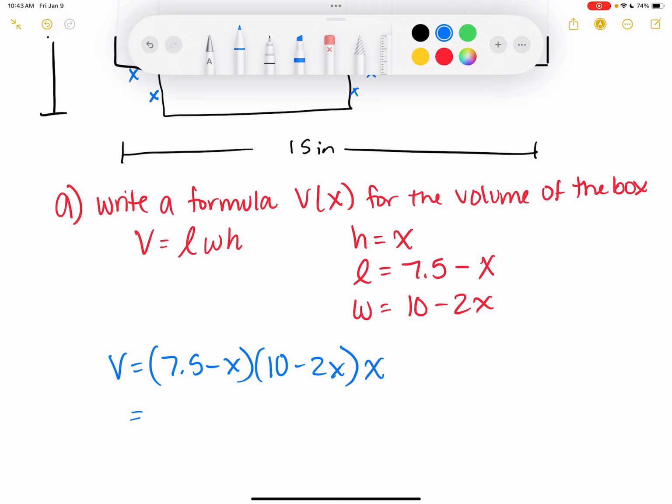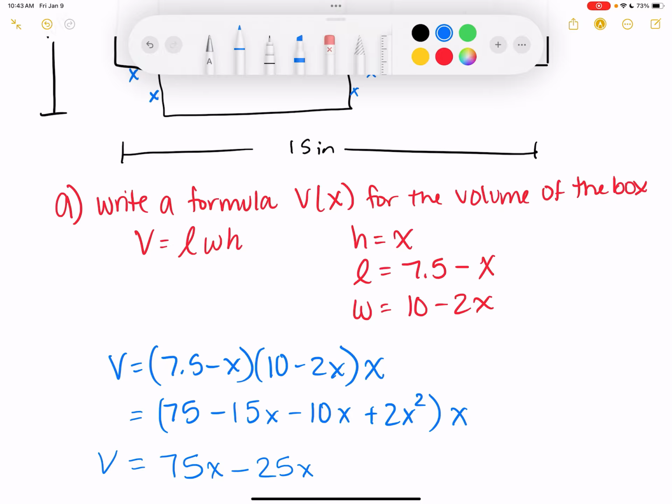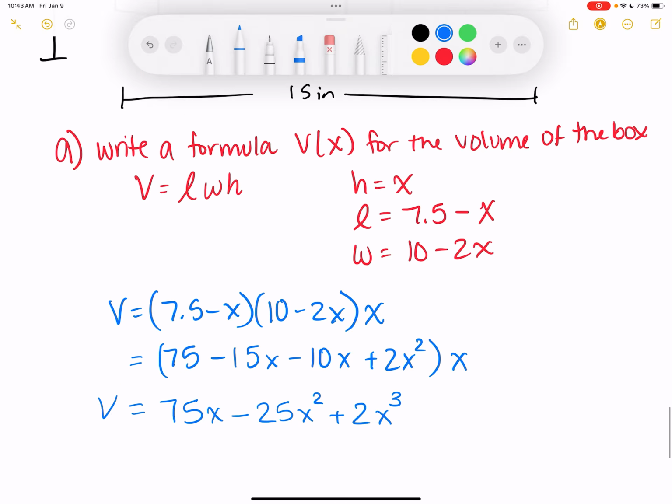And so then I get 75 minus 15X minus 10X plus 2X squared, and then all times X. So that ends up giving me 75X minus 25X squared plus 2X cubed, ultimately.